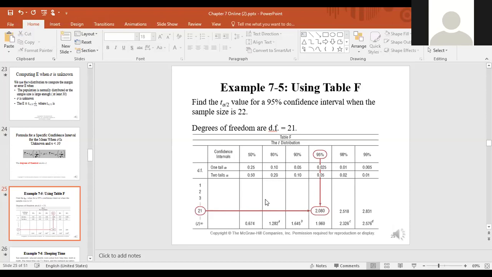The T distribution table is at the back of your book in the appendix. It is on page 652 if you are using the 8th edition, and if you are using the 7th edition, the table is still on page 652.